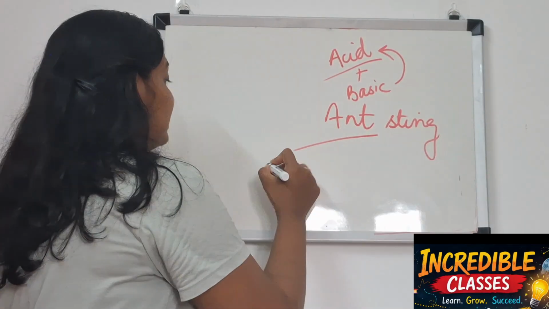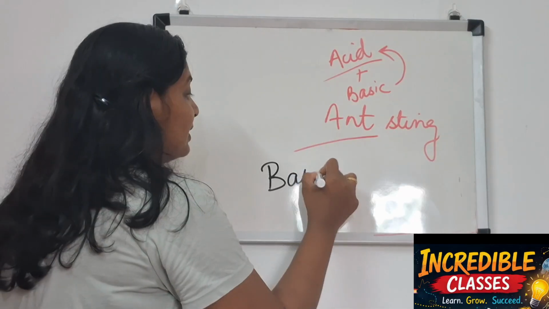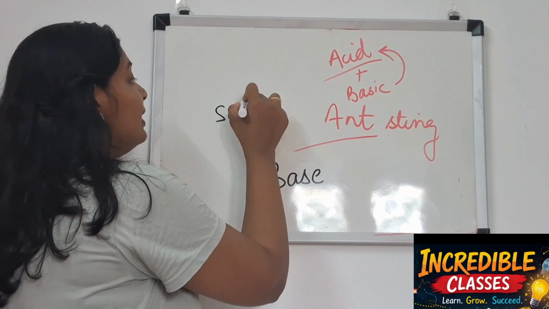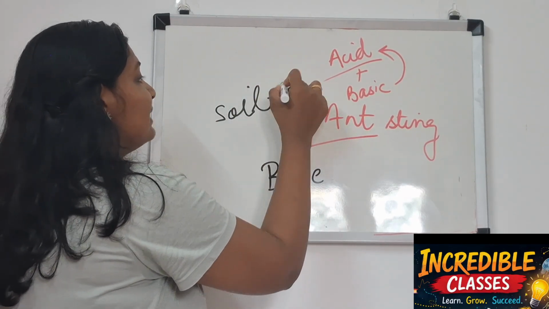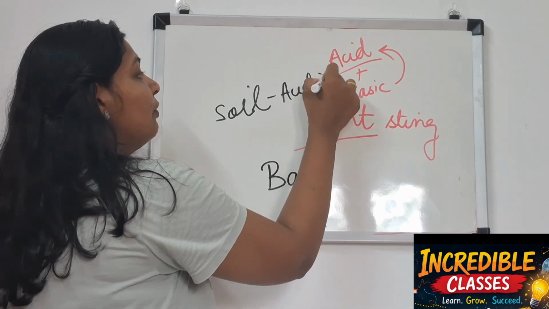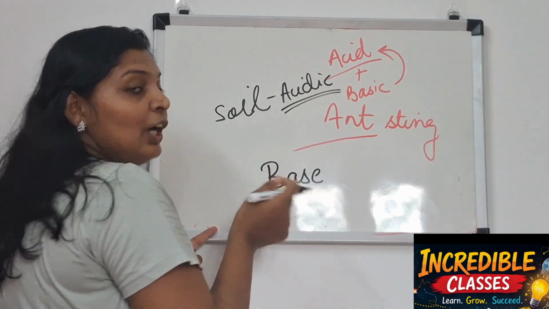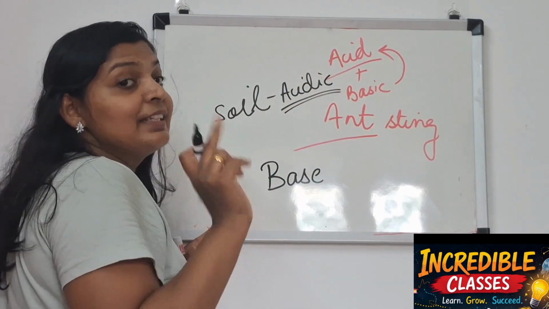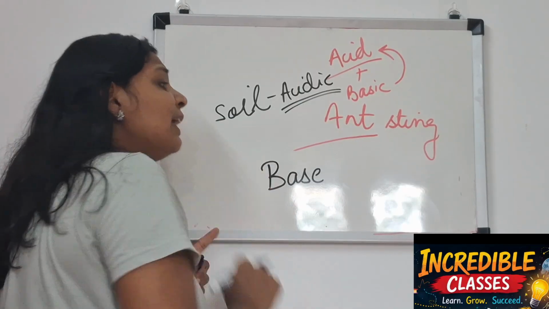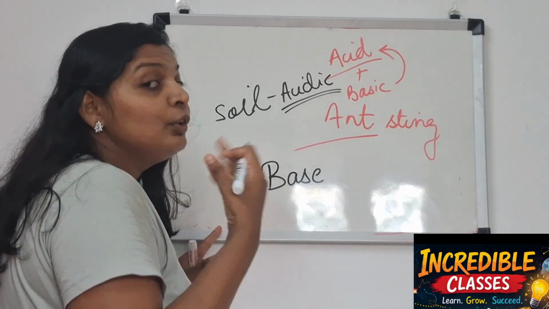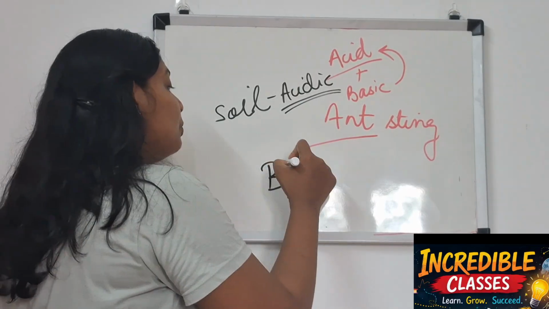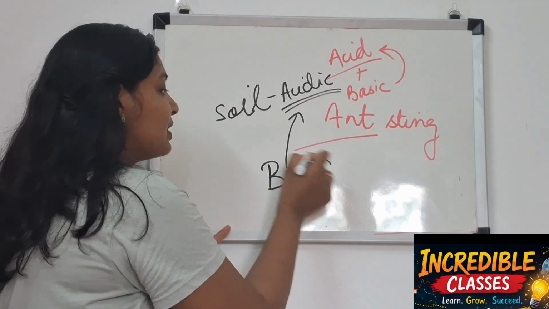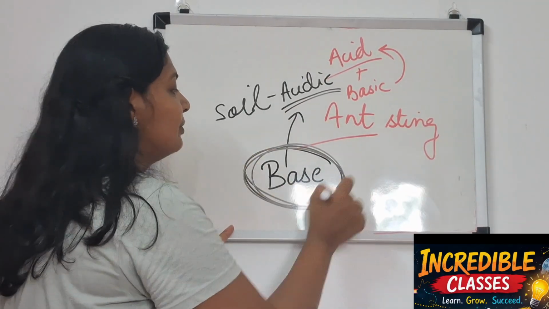We put fertilizers which contain a base because our soil is already acidic. Yes or no? If our soil is already acidic, now to reduce that acidic effect, what do we need? We need a base. Why? For the neutralization process.